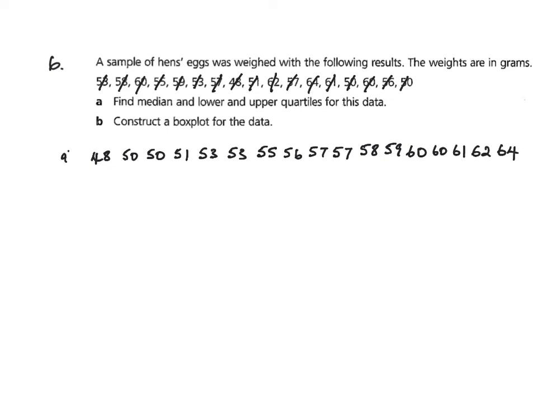So, now how many pieces of data do we have? We have 1, 2, 3, 4, 5, 6, 7, 8, 9, 10, 11, 12, 13, 14, 15, 16, 17. 17 is an odd number. 17 plus 1 is 18, divided by 2 is 9, so it's the 9th entry.